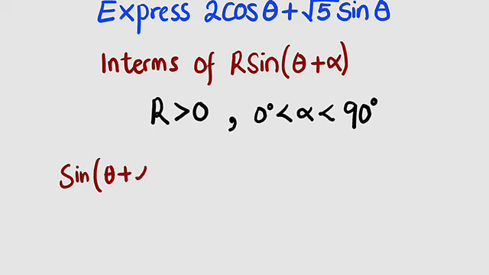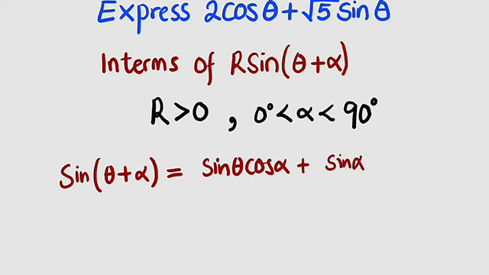So what I want you to remember is when you have a sine of double angle, theta plus alpha, this can be expanded as what? Sine of the first angle, that is theta, multiplied by cosine of the second angle, cosine alpha. Then you add sine of the second angle, sine alpha, multiplied by cosine of the first angle, cosine theta.